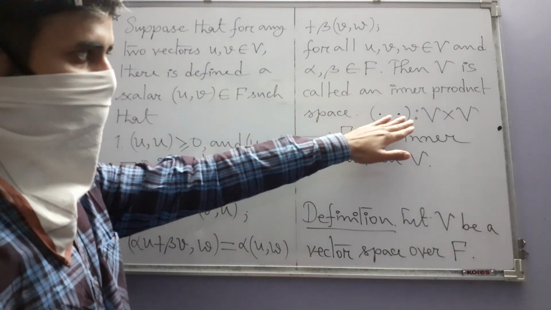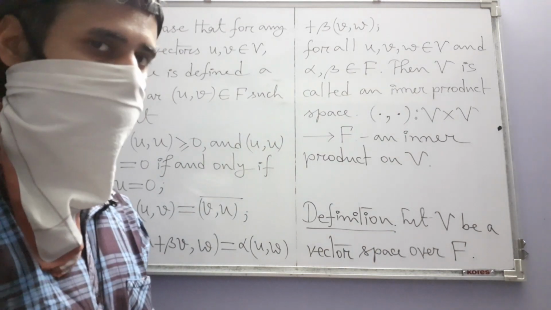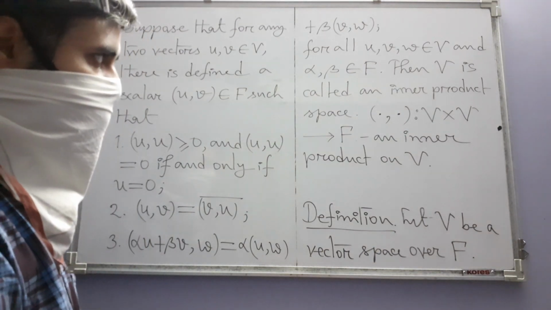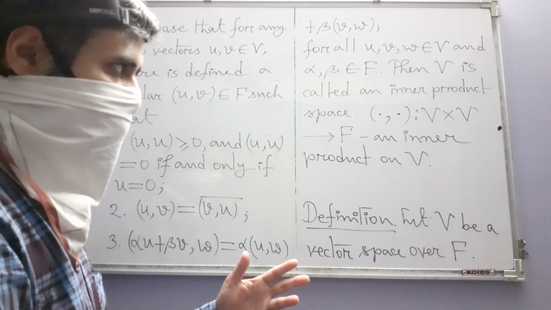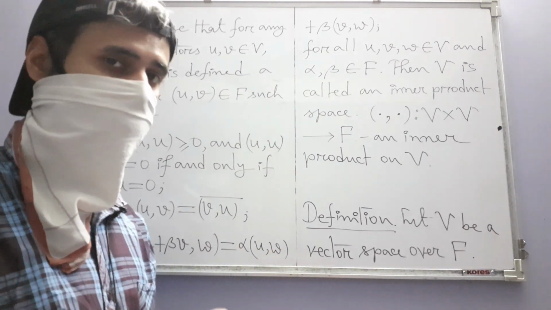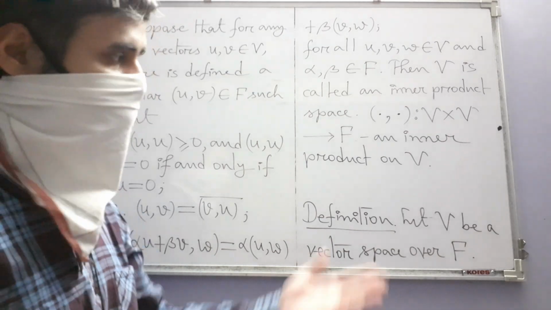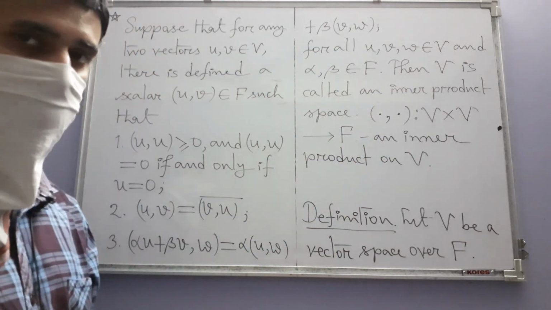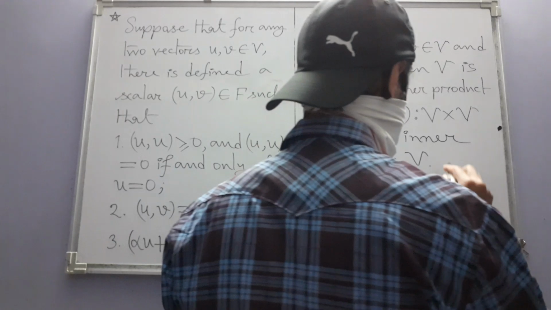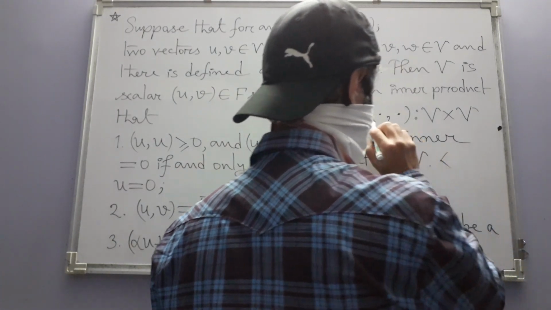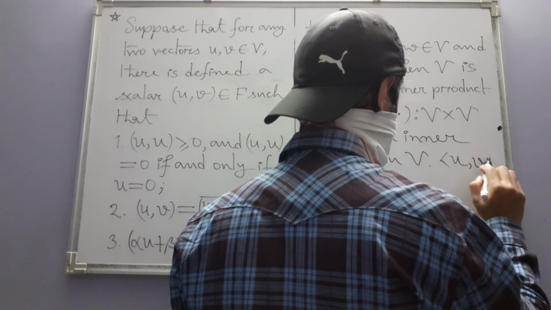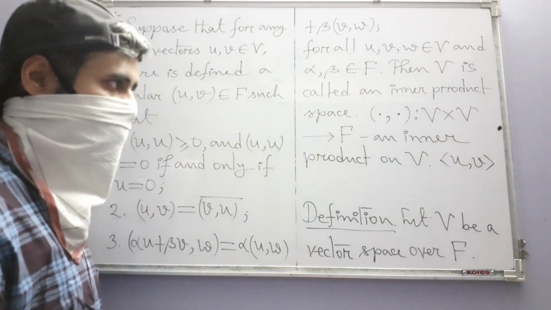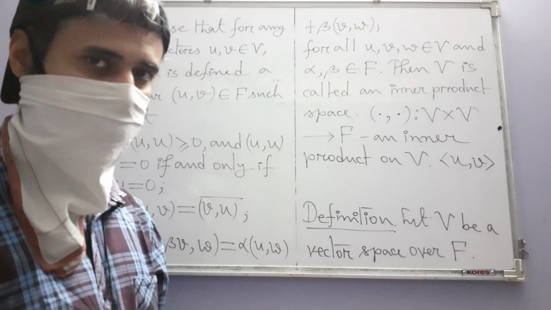This notation may look a little strange because something else is used more frequently in place of this notation, and then something else is this. Instead of using round brackets, people use angular brackets to denote the inner product of two vectors.